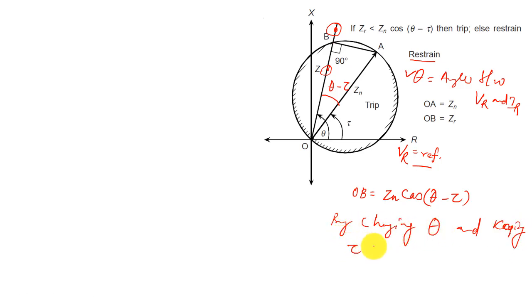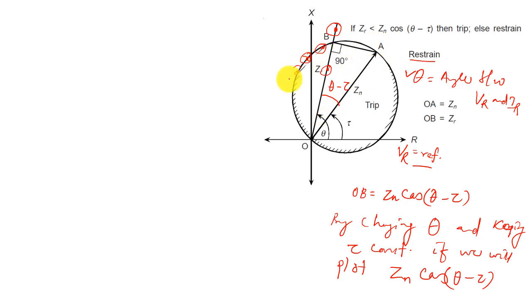If we plot Zn cos of theta minus tau, these points will gradually get plotted, which will make 90° to OA.